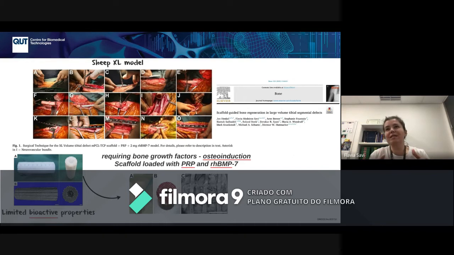Because if you put the scaffold alone, the healing is going to be delayed instead of the fast healing that you would have with the help of the PRP or BMP7 or BMP2.